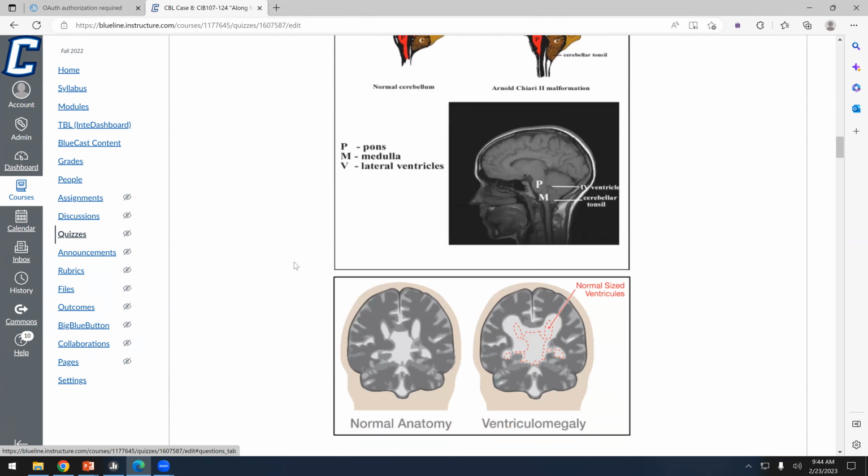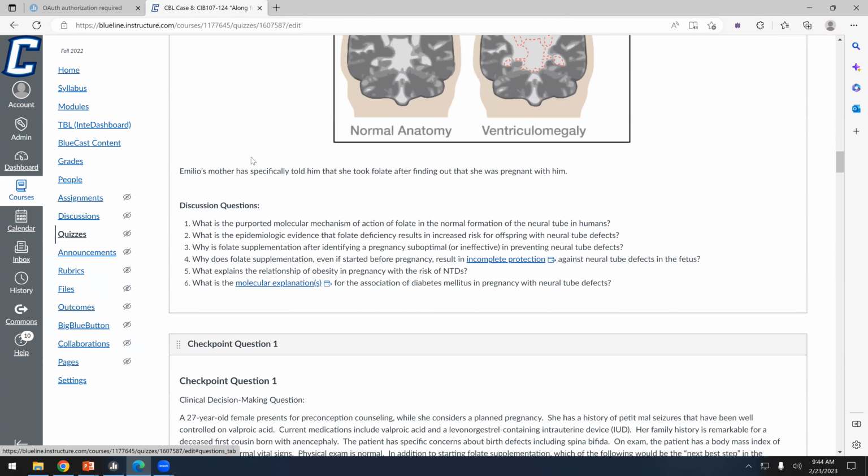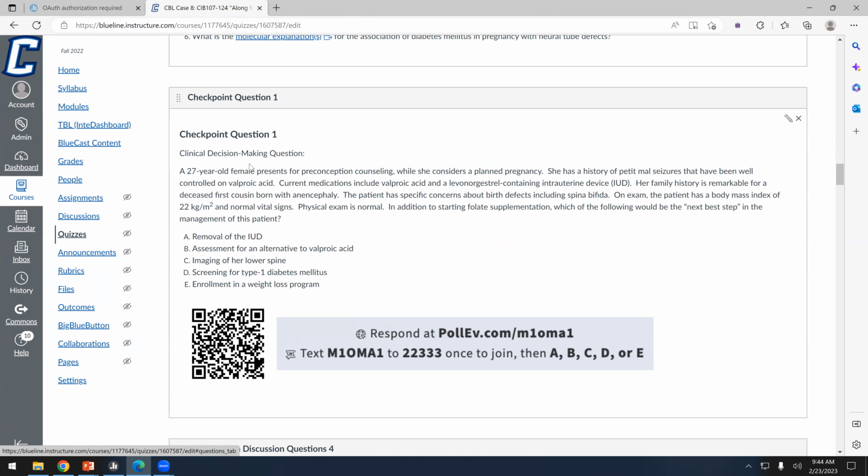Here's another vignette. We introduced checkpoint questions, and I think we're going to change the names of these to clinical decision-making questions or clinical decision points. These checkpoint questions have two purposes. They allow individual students to answer a question without input from their peers.